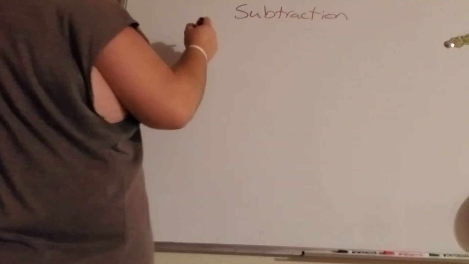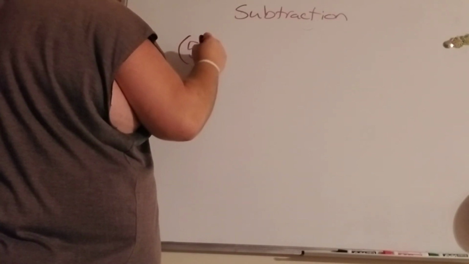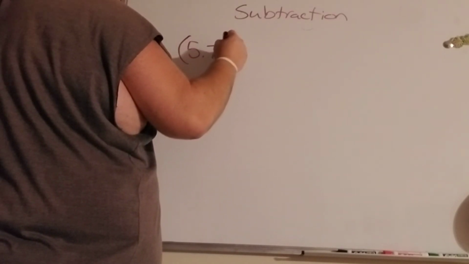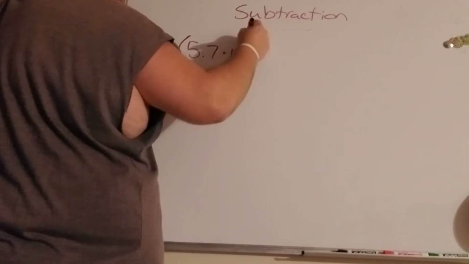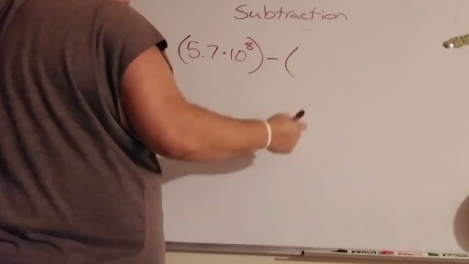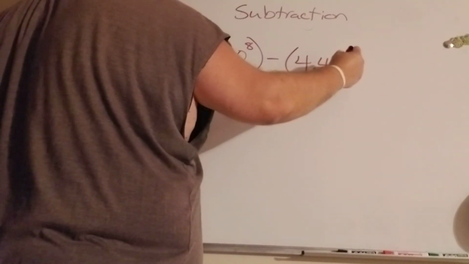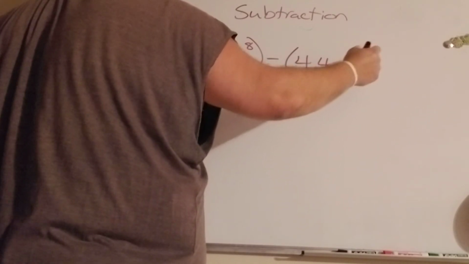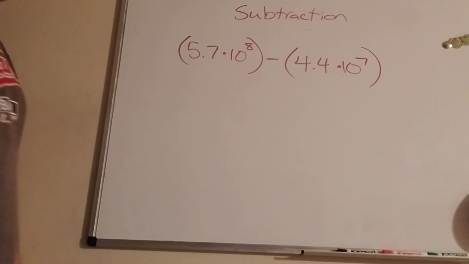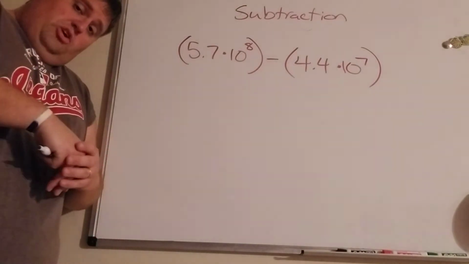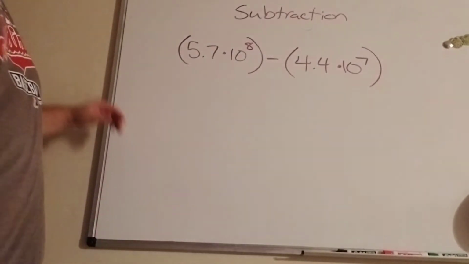So let's say we had 5.7 times 10 to the 8th minus 4.4 times 10 to the 7th. Okay? So again, you can choose. I'll do both right here.